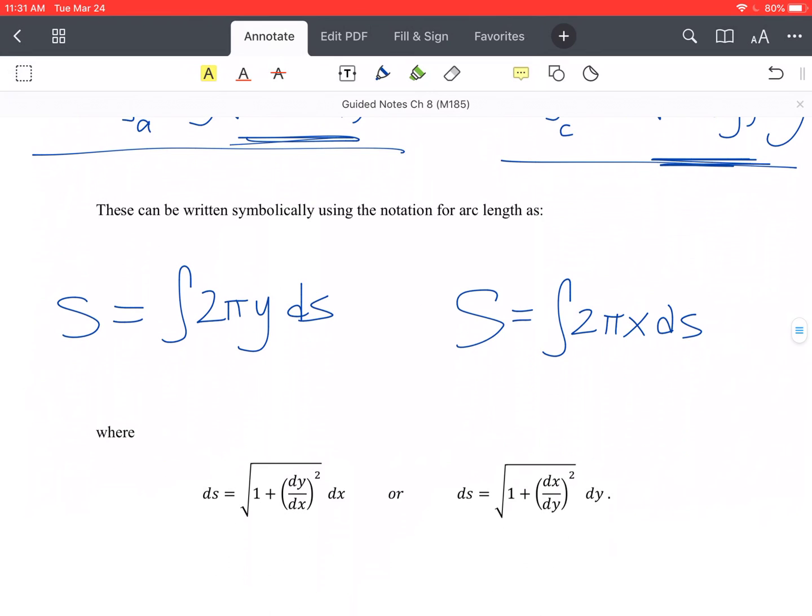And this is where ds is equal to just that piece that we're leaving off. But notationally, we can write it in this shorthand. So if you ever see it written with a ds, this is really what it's talking about. It's just taking that integral with respect to the arc length.